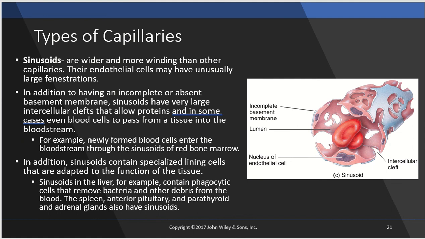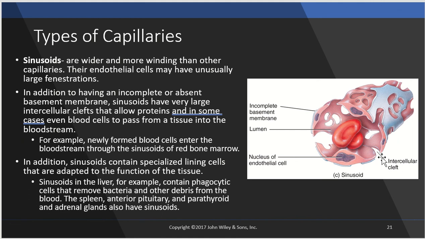This allows proteins and in some cases even blood cells to pass from a tissue into the bloodstream. For example, newly formed blood cells can enter the bloodstream through the sinusoids of our red bone marrow. So these are much larger and allow for the passage of much larger molecules than what we would see in our fenestrated capillaries.